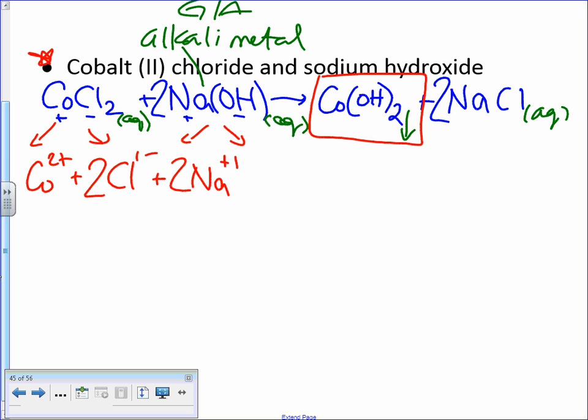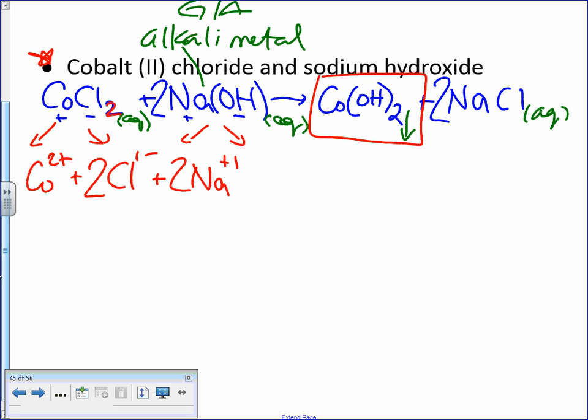I know you're uncrisscrossing, you're giving the 2 back to cobalt, but this compound tells me that I have 2 chlorines in it. So when I ionize them, I'm going to produce 2 chlorides, even though you're giving the charge back. That makes sense, because all ionic things are electrically neutral. So a cobalt with a 2 plus charge and 2 chloride ions, what's their total charge together? 0. So that makes sense that there are 2 of them, because they always come out to be neutral.